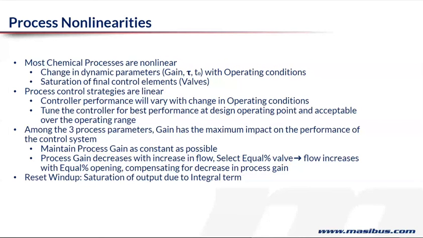So sometimes the gain will change also because there is something called a saturation. Say for example, your PID controller is giving an output to the control valve, but at 60% output itself, the control valve has reached its 100% opening, right? So beyond that, if the controller output changes, the valve is not going to change more.